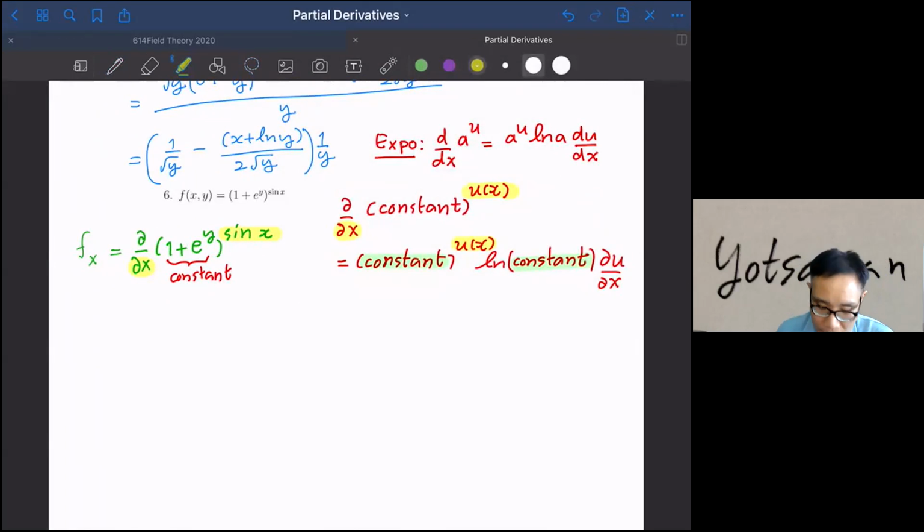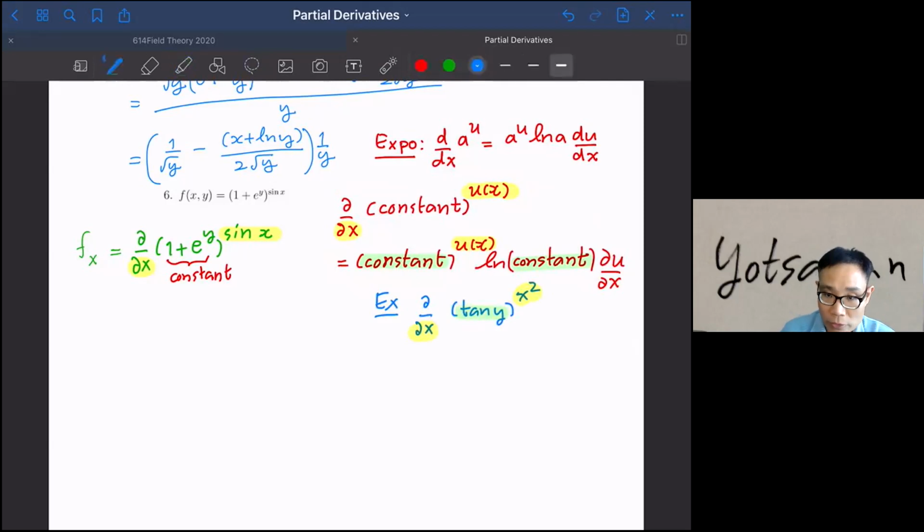Let's try one example before we go on. If I ask you to find d/dx of (10y) to the x squared, you should be able to see x squared up in the exponent and 10y down in the base.